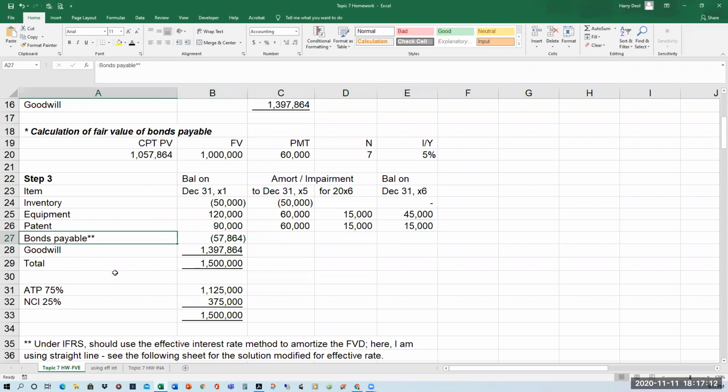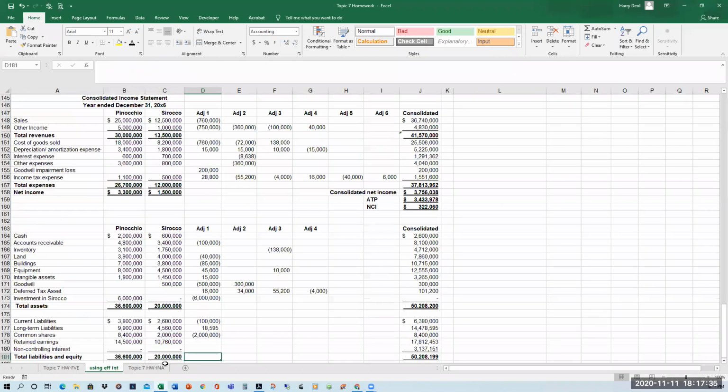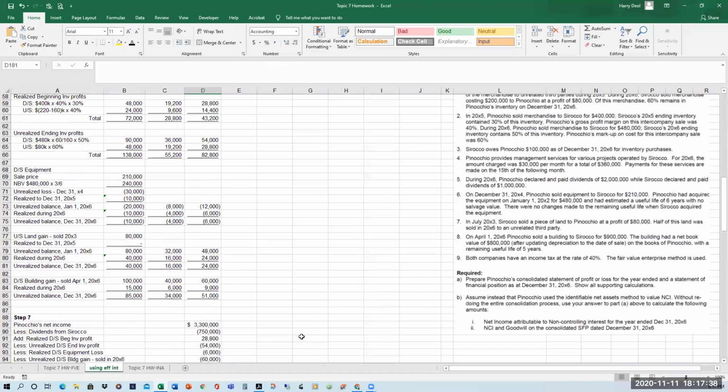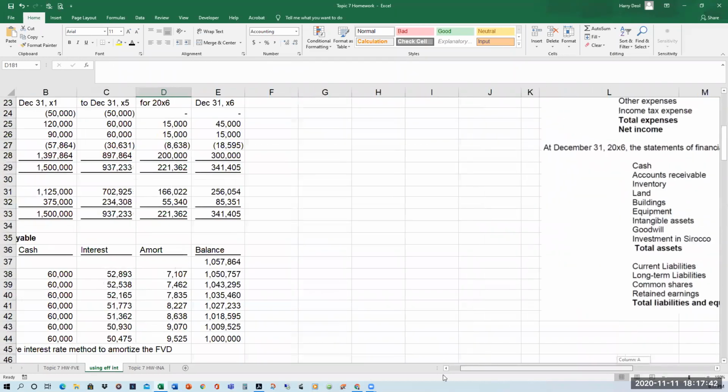Now, with regards to the bonds payable, under IFRS, we should use the effective interest rate method. As I explained, for the purposes of this course, we will take the simpler approach of using straight line amortization. For those who are interested in the effective interest rate calculation, I have prepared an alternative solution, which goes into the nitty-gritty of using the effective interest rate.